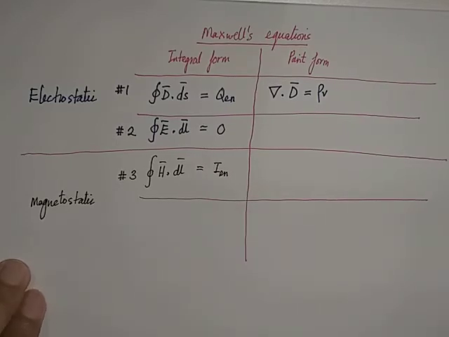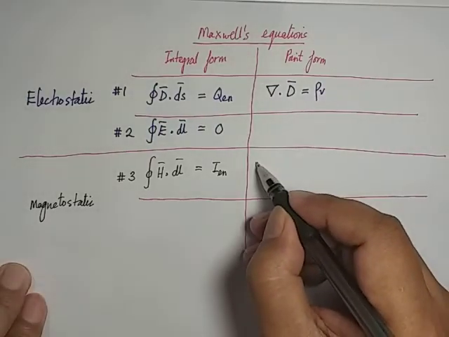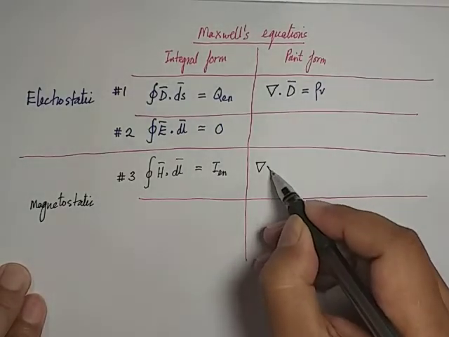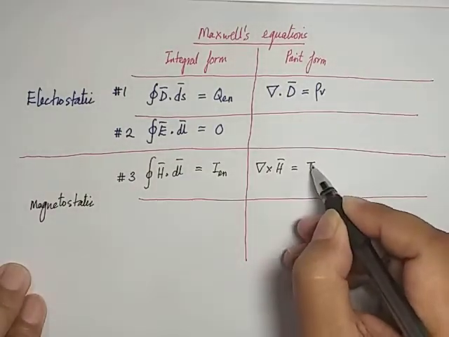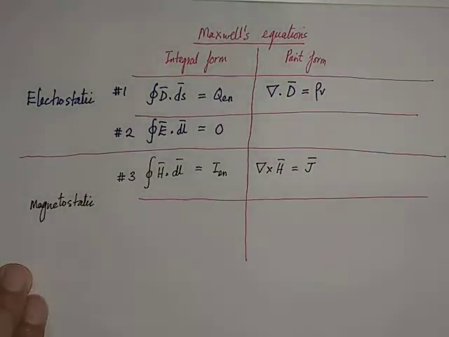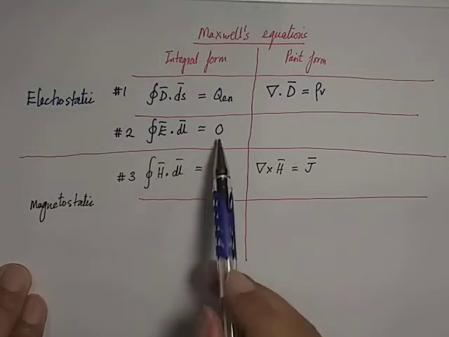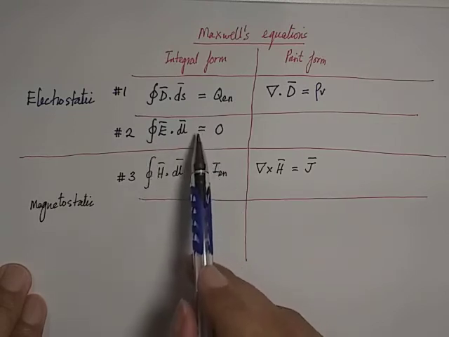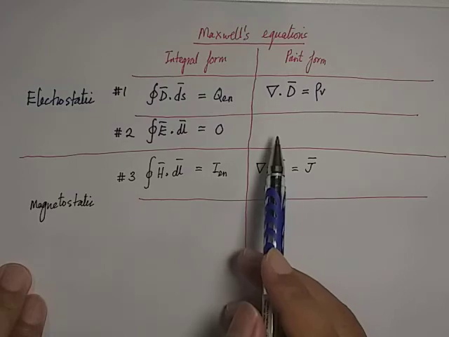And then we just proved in this video that the curl of H is equal to J. Okay, by comparing equation number 2 and equation number 3, since they have the same pattern, I'm going to conclude the point form can also be the same.